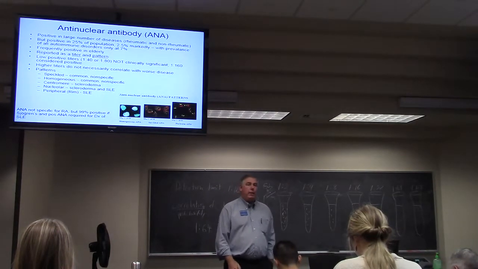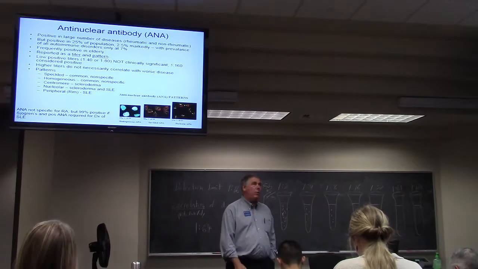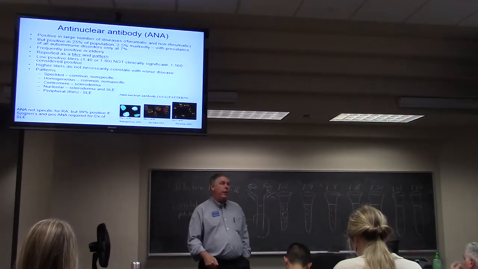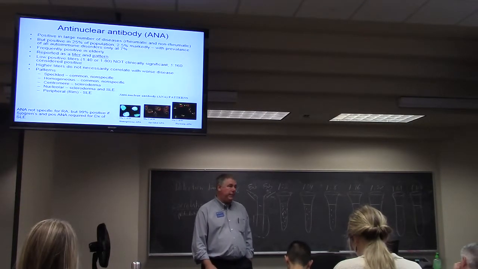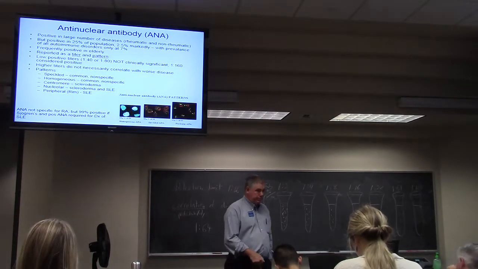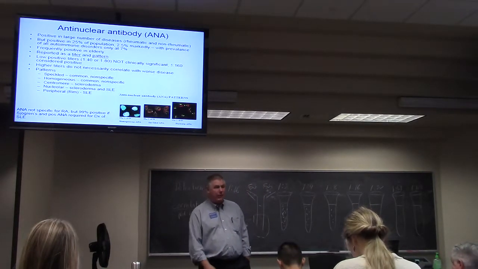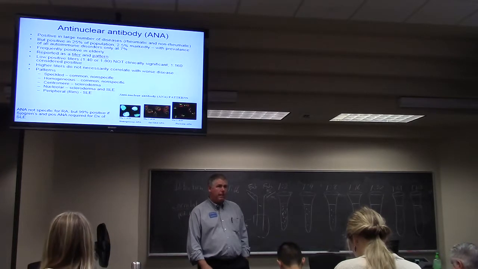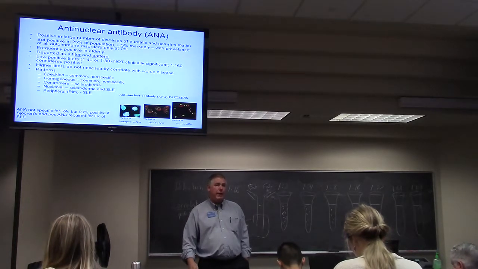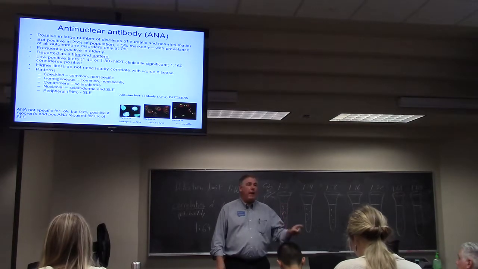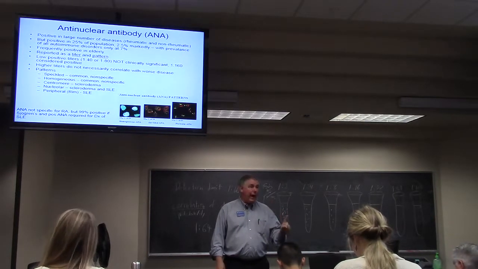You're going to get a positive or negative, a titer, and a positive or negative based on the titer. And then you're going to get a pattern. It'll be positive or negative based on the titer.